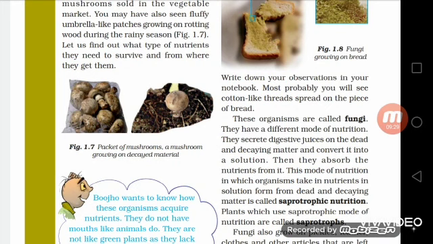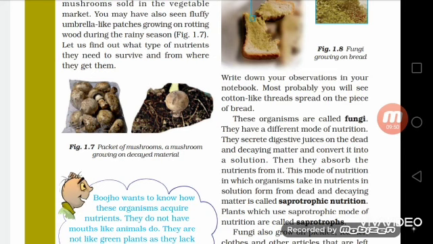For that nutrition, once they grow on it, they secrete digestive juice on it, whether it is bread, wood, or anything. They grow over it, secrete the digestive juices on it, and then take nutrition out of it. This is called the saprotrophic mode of nutrition.